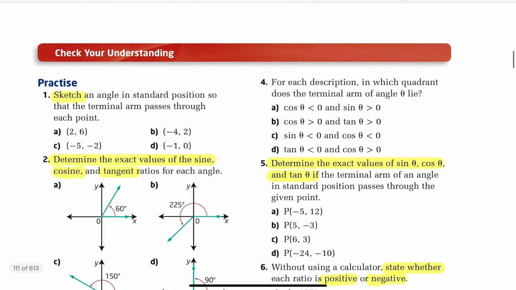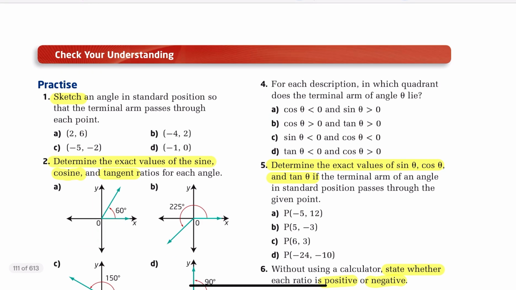For this one, they are asking you to determine the exact value of sine, cosine, and tangent. Okay, the first one is a very simple one. You remember that your triangle is like this. This is your triangle, and as we said before, this is 60.